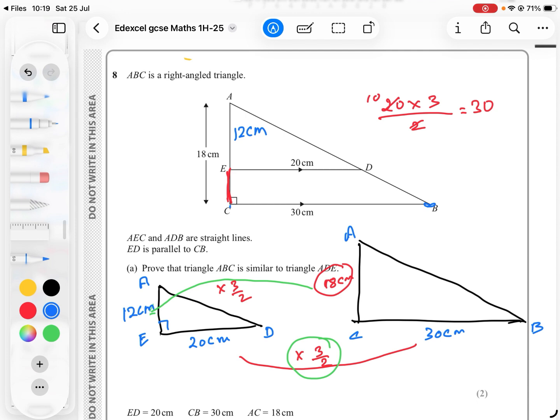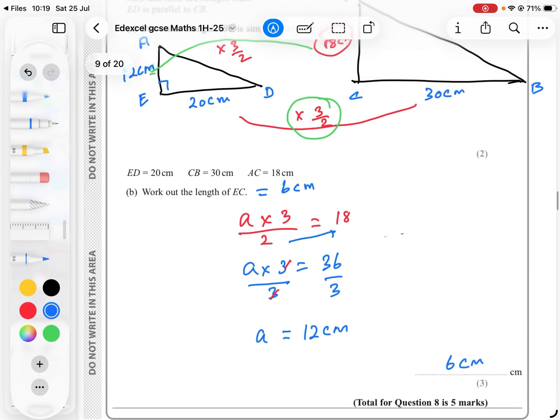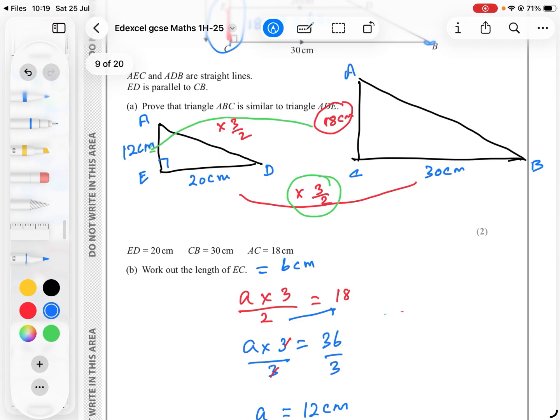So that means this length EC is 18 take away 12, which is 6 centimeter. So the answer, the length of EC, is 6 centimeter. Thank you.